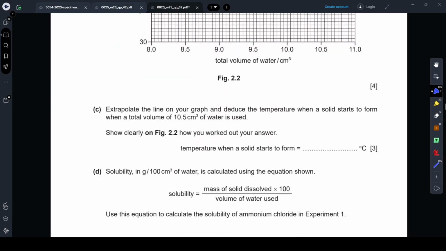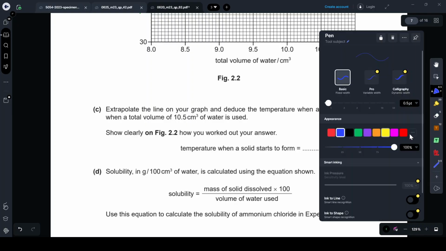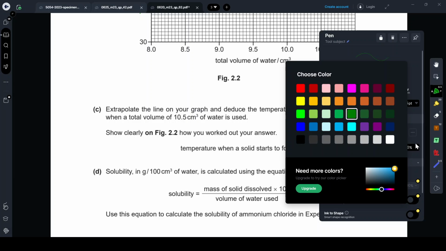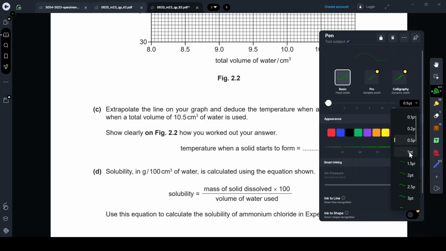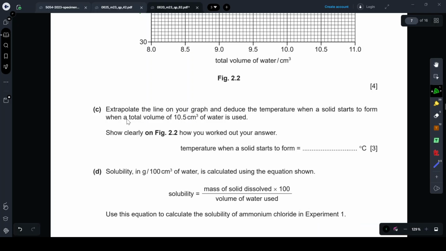The next question is, let me just go back to, okay. Now, like I just said, you don't normally do it, but the first thing they're asking you is to extrapolate the line on your graph.